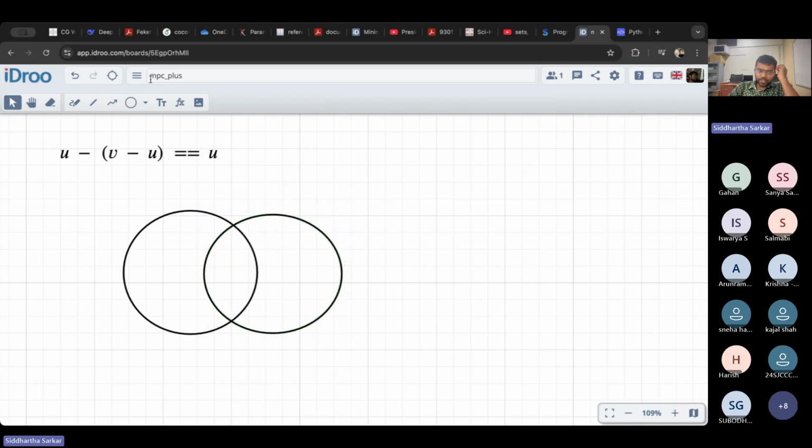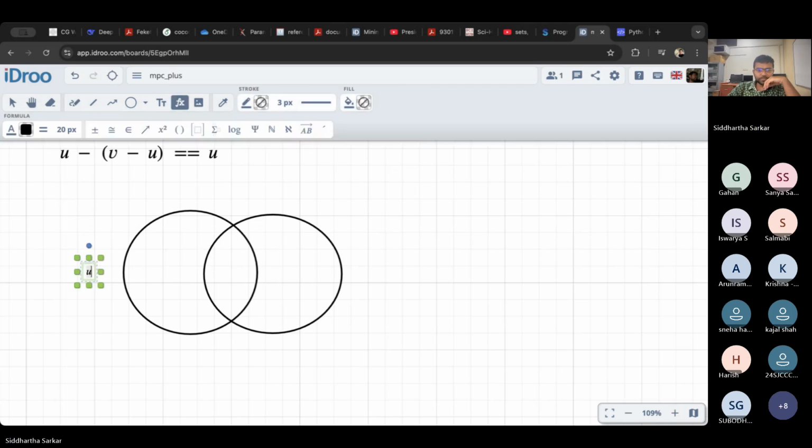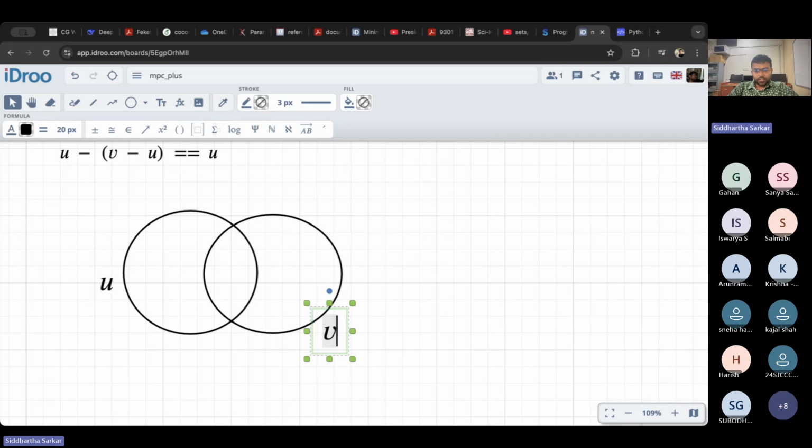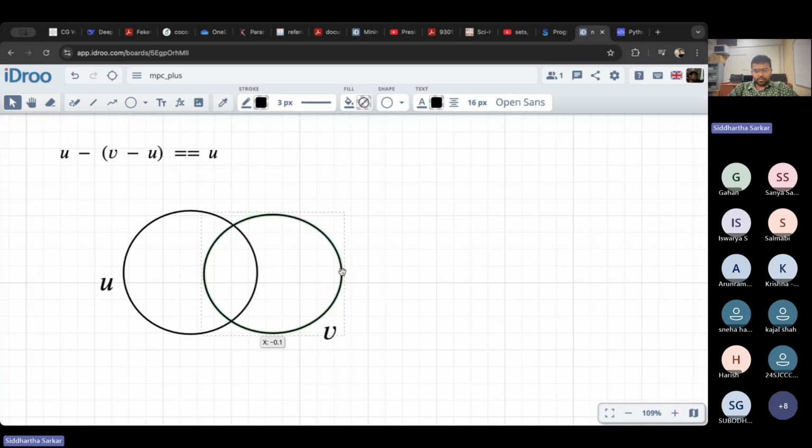So for example, let me first name these two things. This one is U, and this one is V. The circle on the left corresponds to U, and the circle on the right corresponds to V. It need not be circular, it's just a shape.